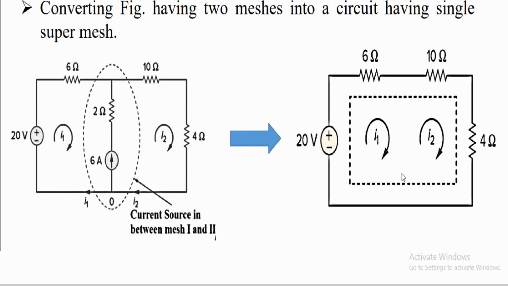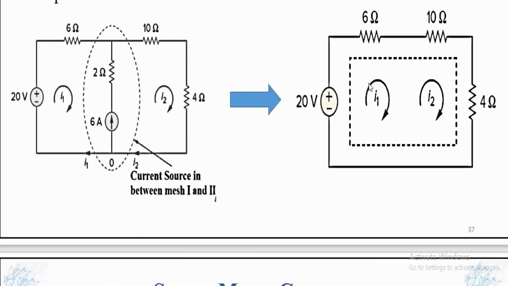Now we have to apply KVL. This 20 volts is related to the first mesh, so we take it with respect to I1, that is minus 20 plus.